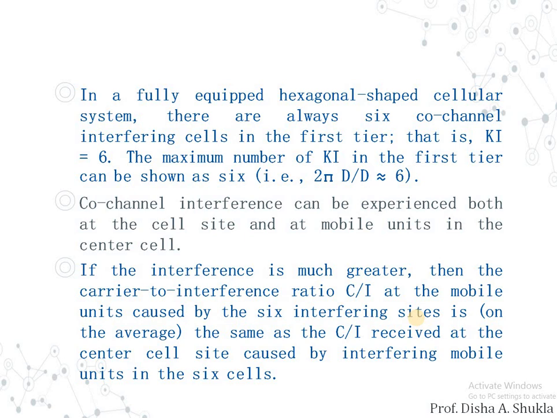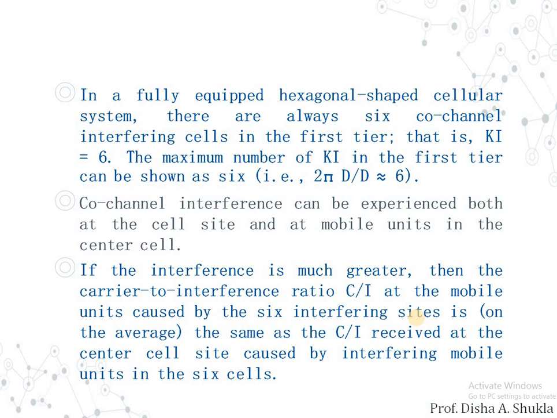Now the co-channel interference can be experienced both at the cell site and at the mobile unit in a center cell. So in a particular cell, the co-channel interference can be experienced at both the sides, that is even at the cell site and at the mobile unit side.